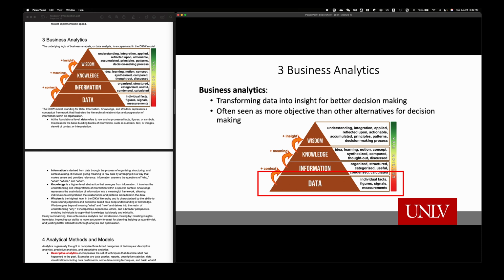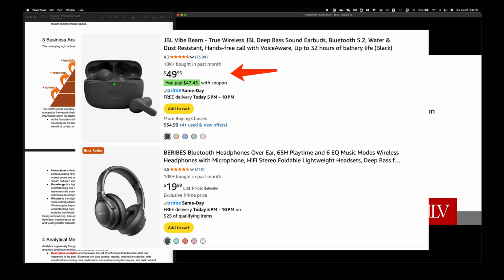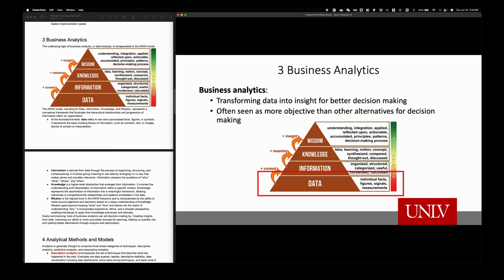It could be numbers, text, or images, but without any context or meaning. For example, a customer clicks on a product, searches for headphones, or sees the number $49.99. They are just text, numbers, and images without any context, so no meaning. Think of it as the building blocks of all future insights.